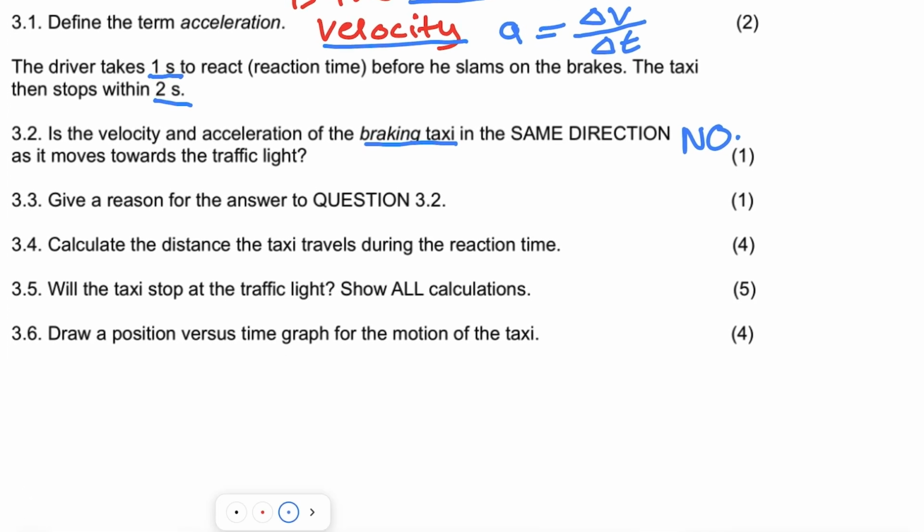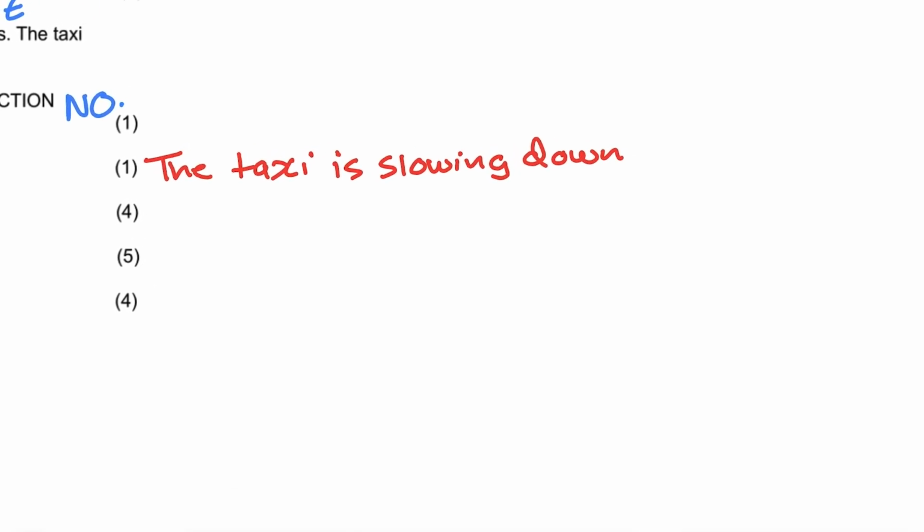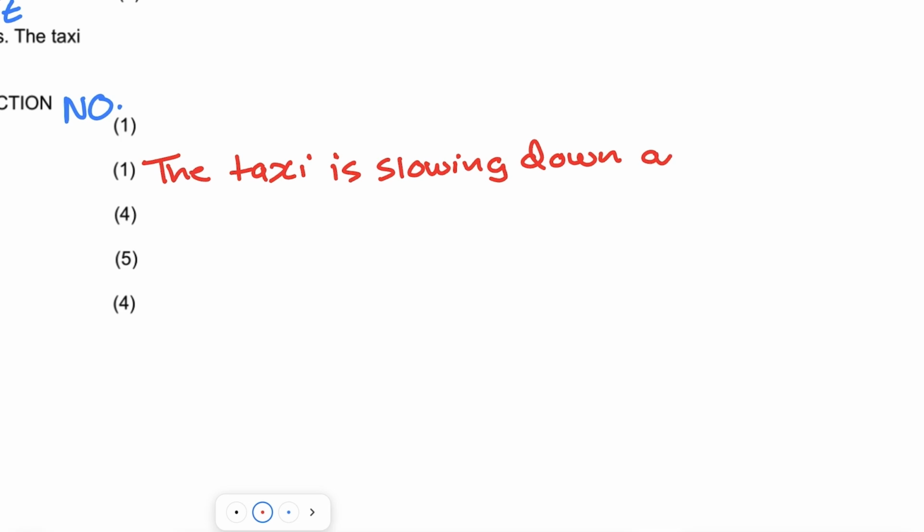Let's move on to question 3.3. They say give a reason for the answer to question 3.2. The reason is simple. Firstly, we have to say the taxi is slowing down, and it experiences negative acceleration.